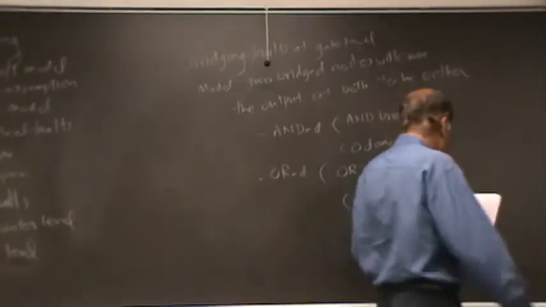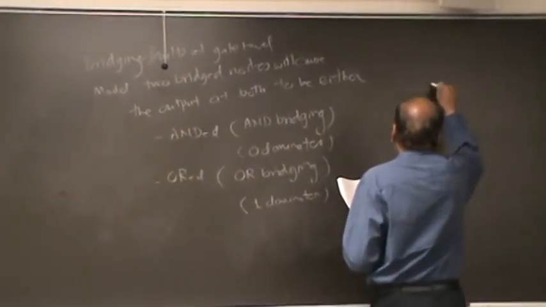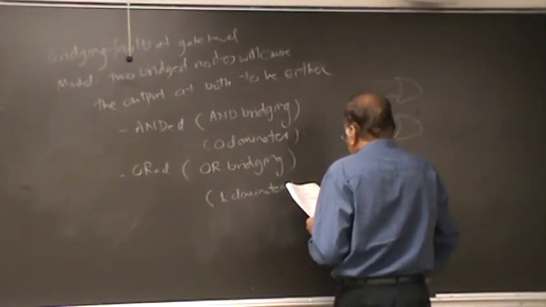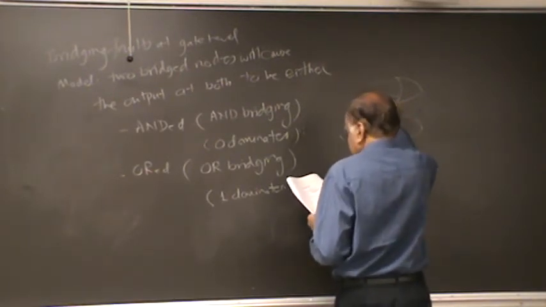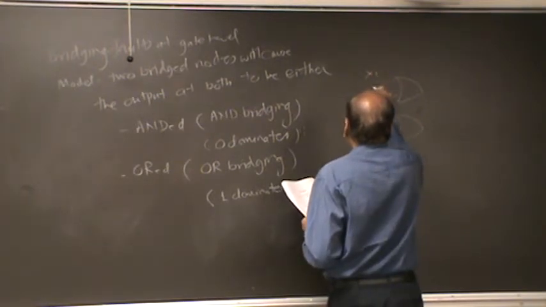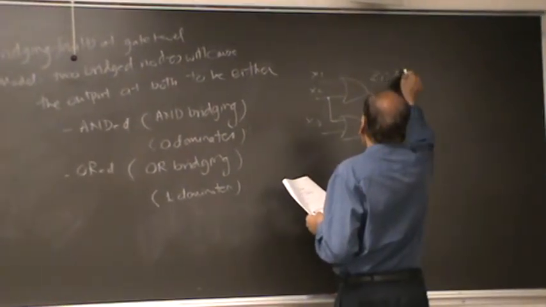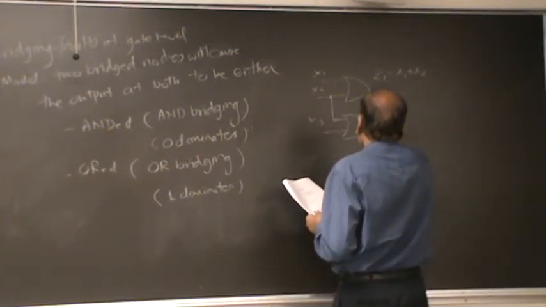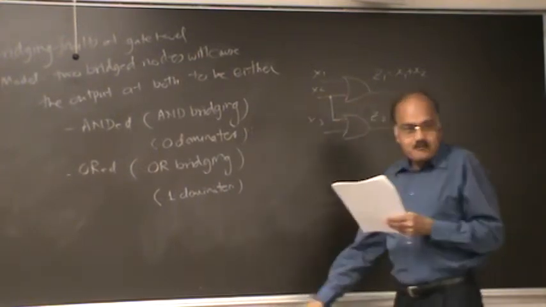So, here's an example. Let us have a little circuit here with two outputs, and normally this output is equal to x1 plus x2, and this output is normally equal to x2 plus x3.